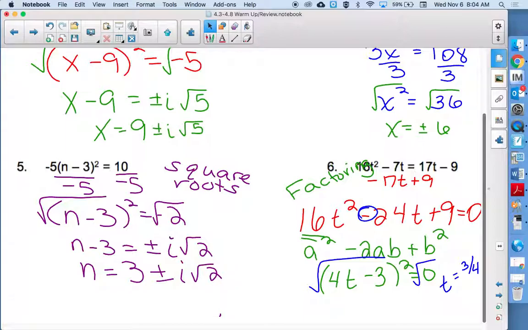The last group of problems are more simplifying. So the simplifying that we did with the i's or the square roots. So use the 15 minutes, get some of this done, check your answers. Please ask questions. We'll have a little bit of time tomorrow to go over a problem or two at the beginning of class.